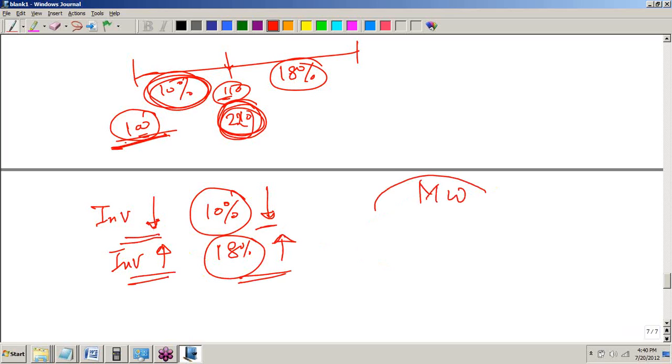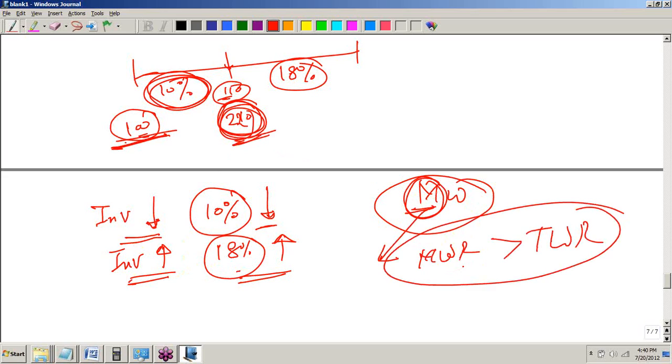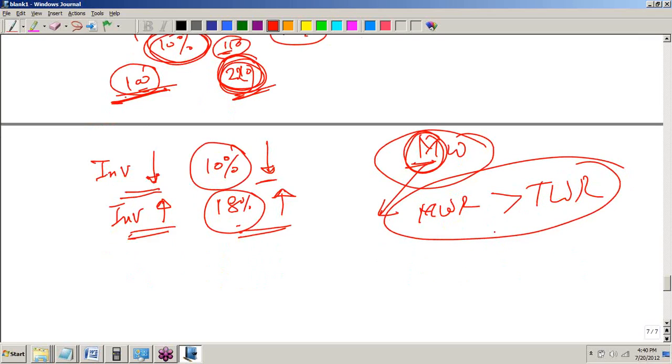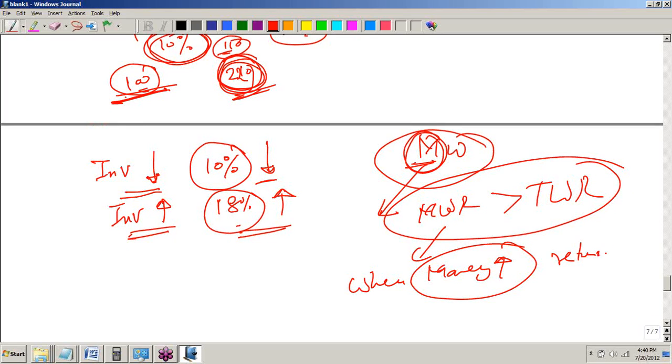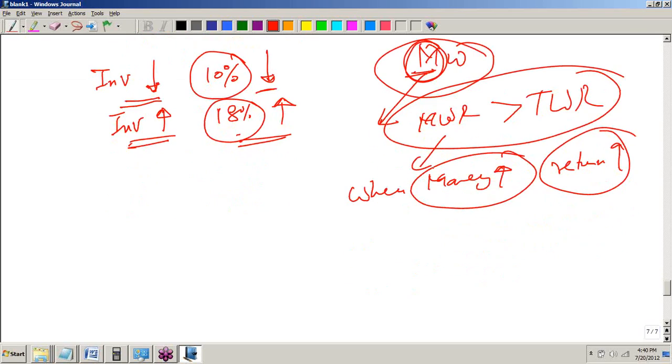Since the money weighted return is calculated on the money, you had higher return and higher investment. That is the reason that money weighted return became more than time weighted return. So money weighted return will be more than time weighted return when you have more money, when your money increases and also your return increases. In that scenario, you will find that money weighted return is greater than time weighted return.